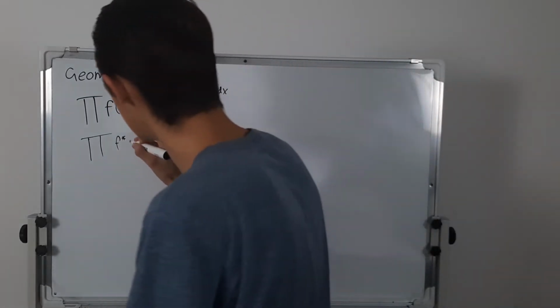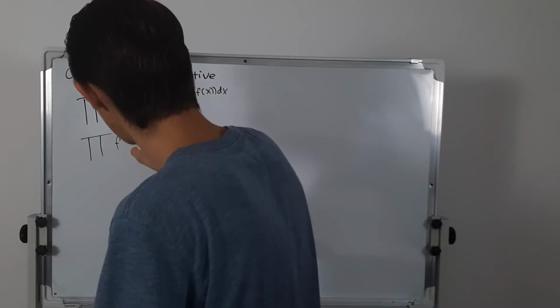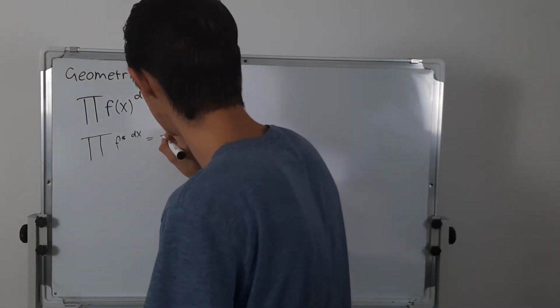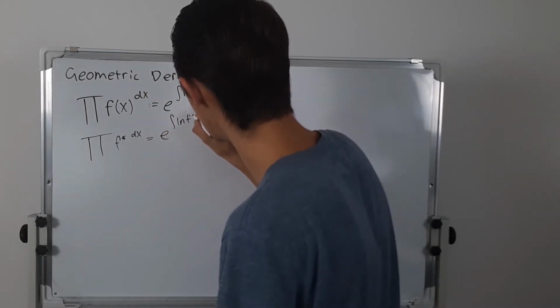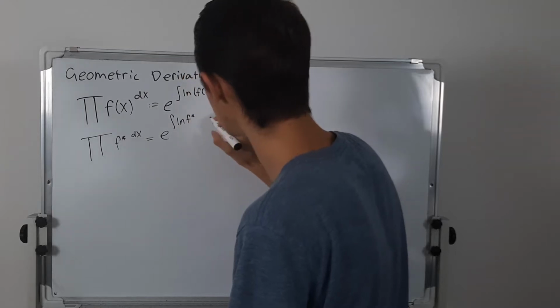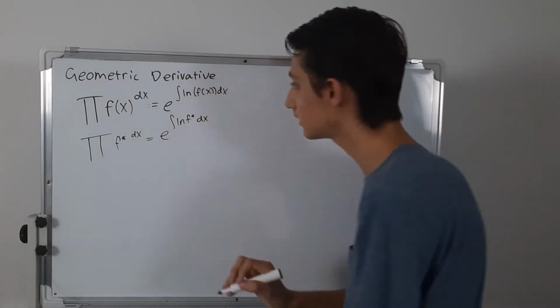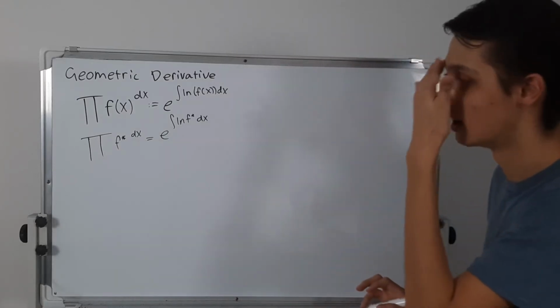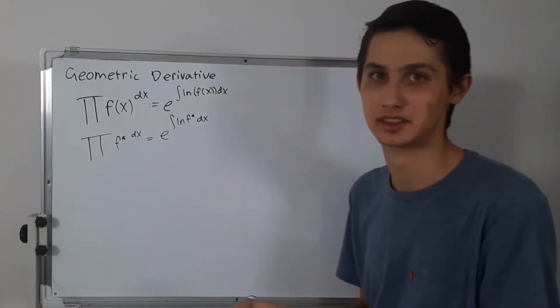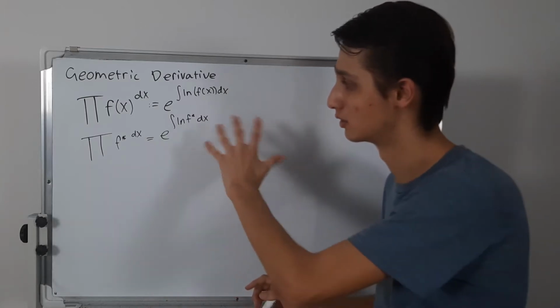It's typically f star of x, and I'm just going to leave it as f star to the dx power, right? This is going to be equal to e to the integral of ln of f star dx, right? So I hope this makes sense. I just left out the x parts because it really doesn't matter. And if we focus too much on it, this video is going to be like an hour long and super cluttered.